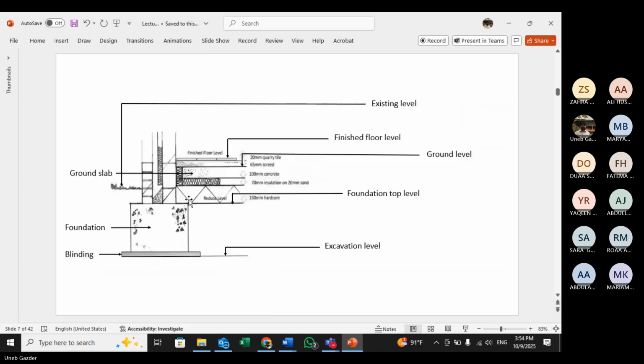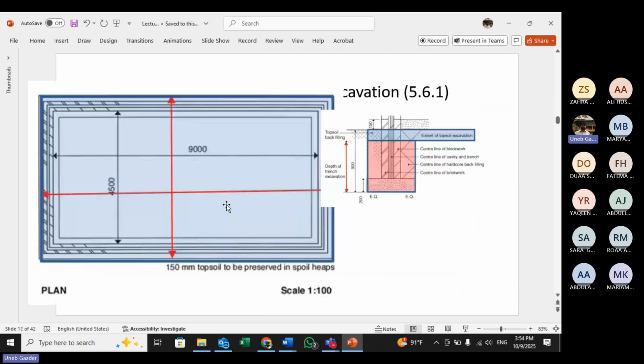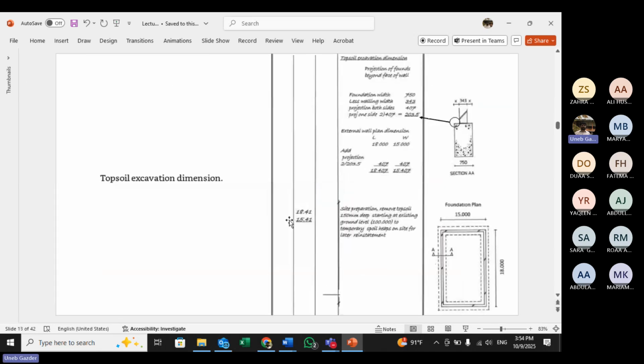So topsoil removal and then to get to this level, in both cases, the area remains the same. So that's why we did not calculate it again. You can put it one more time here for bulk excavation as well. But obviously the height will change. The area remains the same. So this thing which you calculated can be used for topsoil excavation as well as bulk excavation.